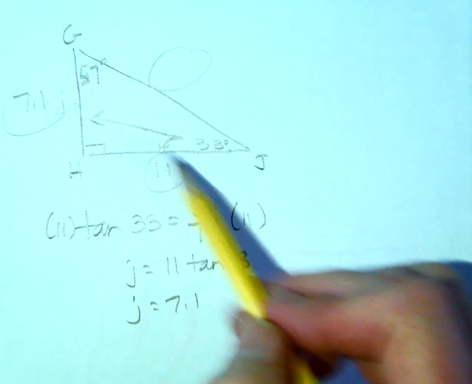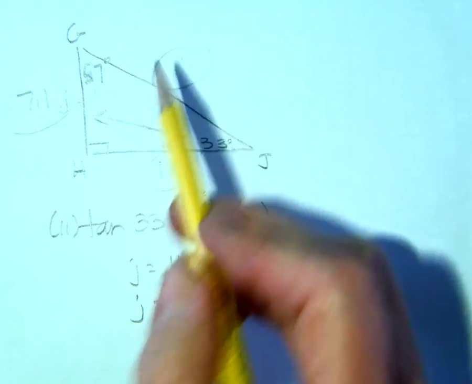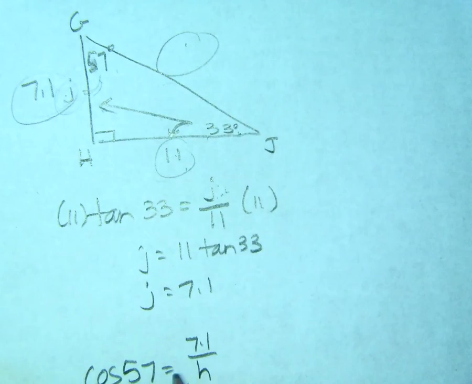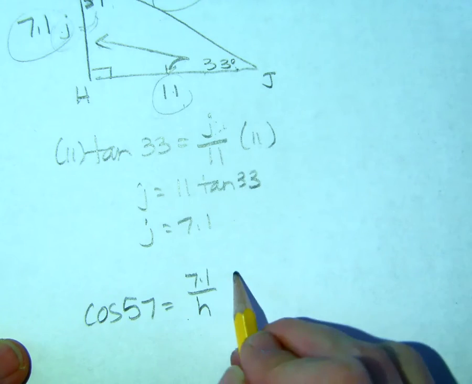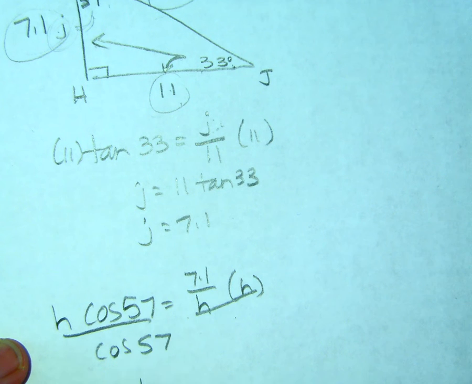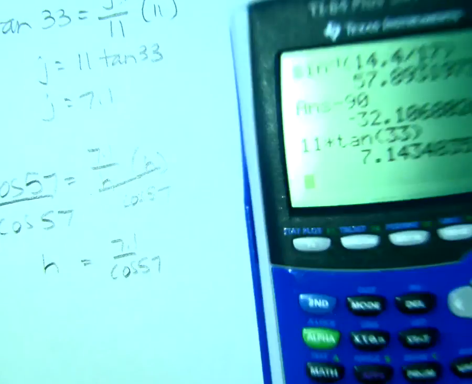I think it's the easiest, but if you wanted to use a trig function, you could say the cosine of 57 is equal to adjacent over hypotenuse. So yeah, see, look, that's not so good. So you gotta multiply both sides by h, then divide both sides by the cosine of 57. So h would be equal to 7.1 divided by the cosine of 57.